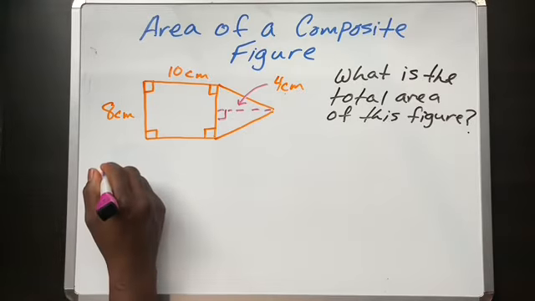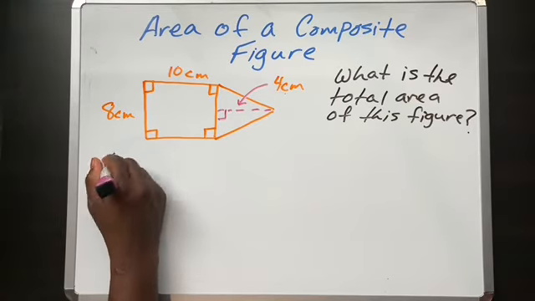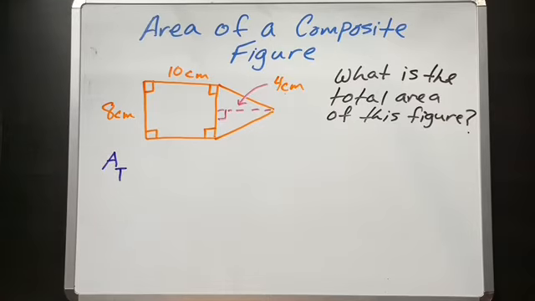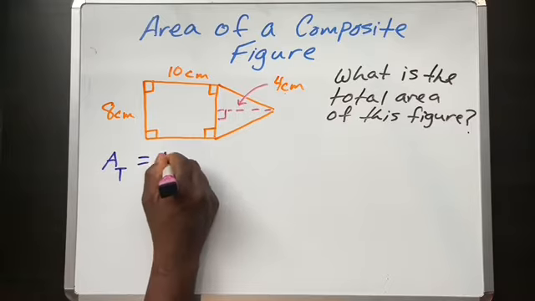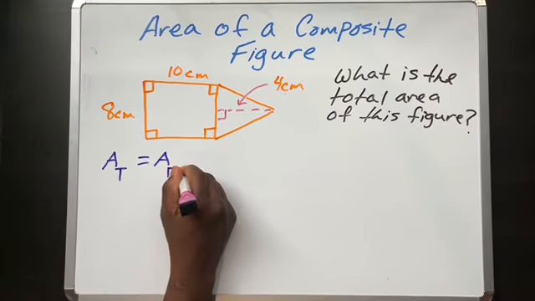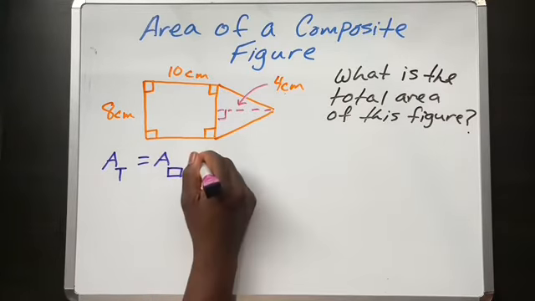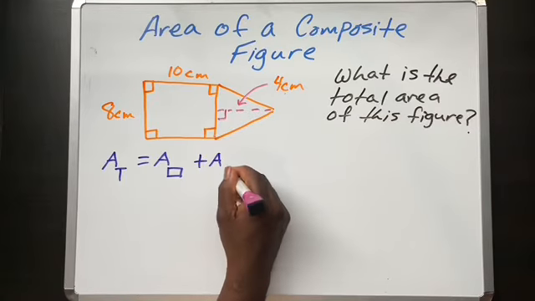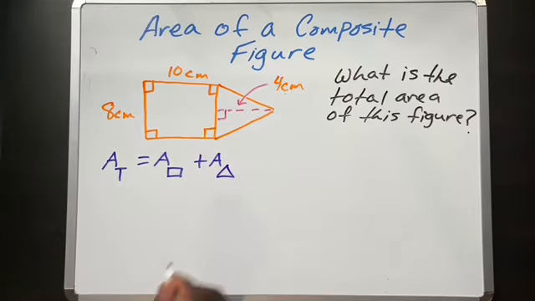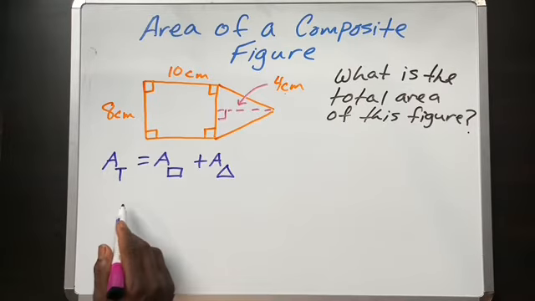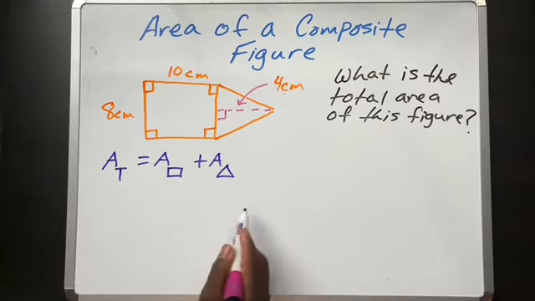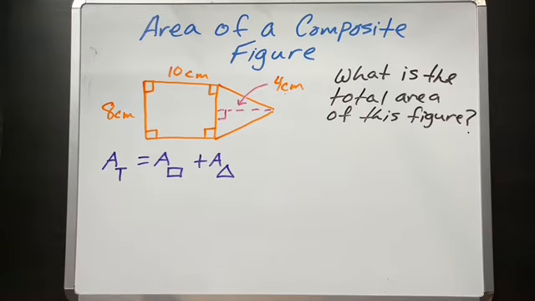So we're going to say the total area, A sub t means total area, is equal to the area of the rectangle plus the area of the triangle. That makes sense. So now we're just going to follow this formula. Now, we need to know the formulas for the area of the rectangle and the area of a triangle.